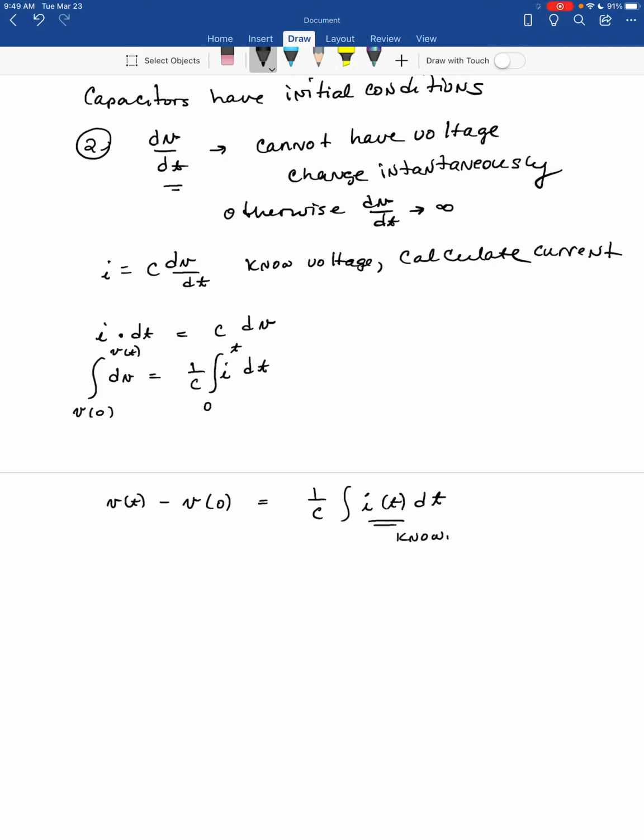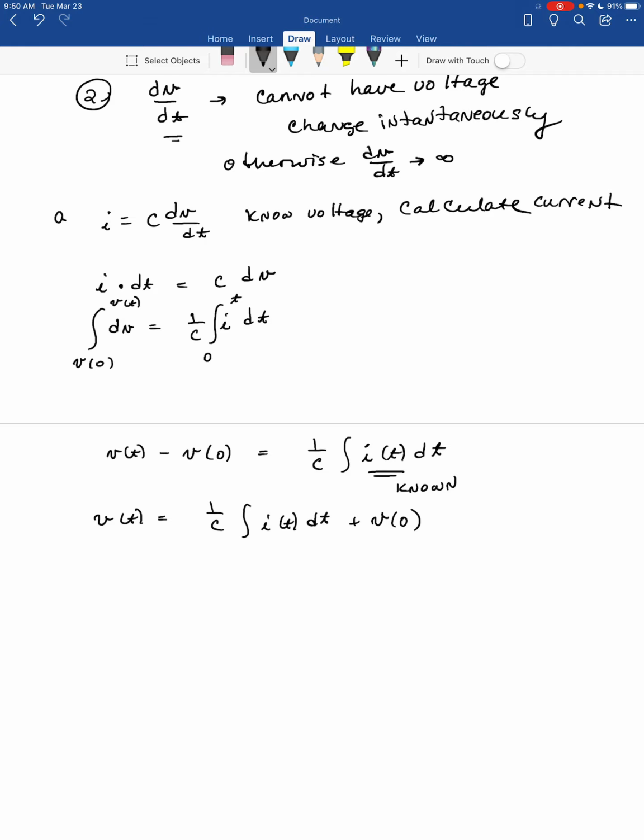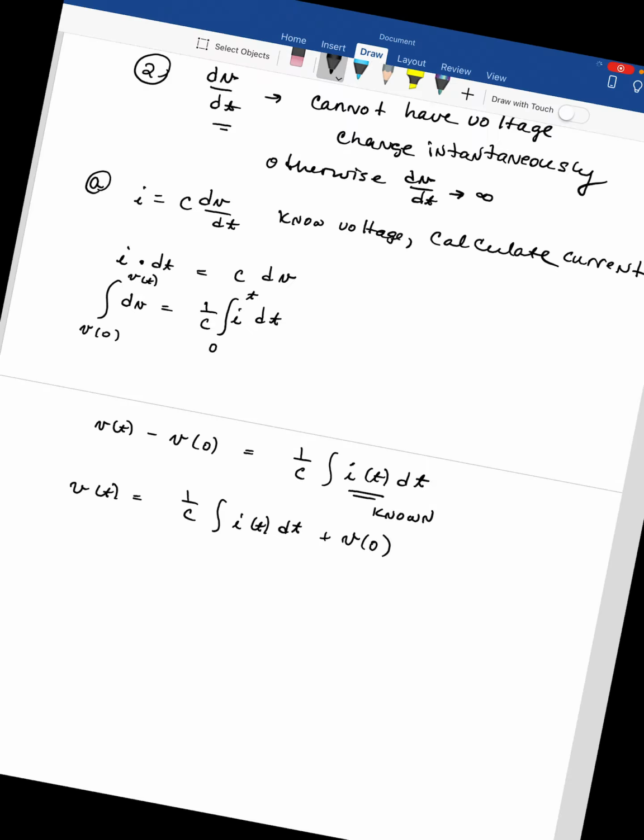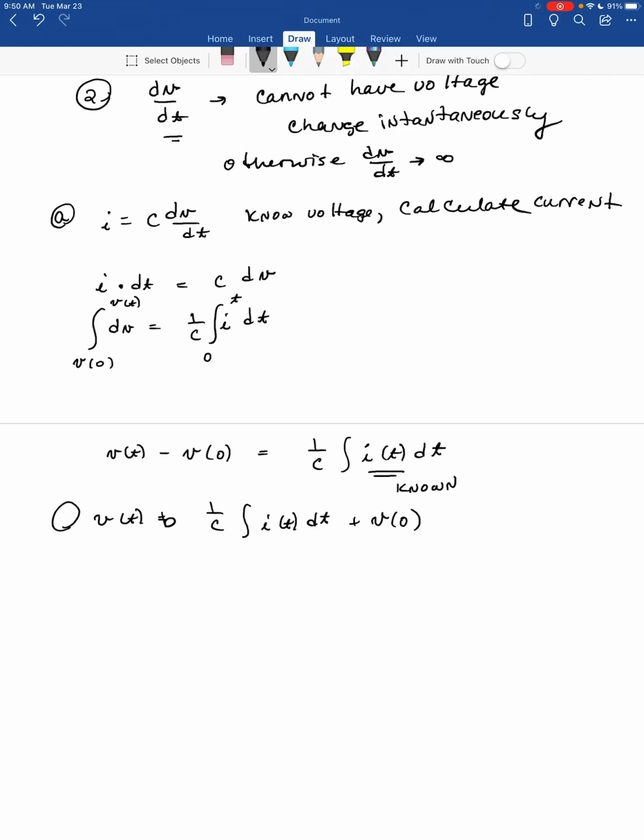So if the current is known, then I can integrate that and I can solve for V of t: 1/C times the integral of I of t dt, plus the initial voltage. So these two equations, A and B, give us what we need to solve for current given voltage or voltage given current.